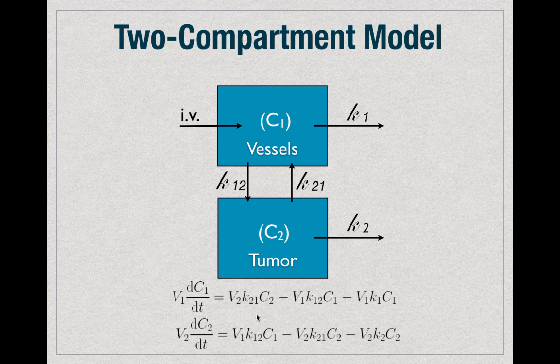So the first term is what's being added from the first compartment, flowing from the IV into the first compartment and then into the second, minus what's leaving it by going back out into the first compartment or just being eliminated from the system.